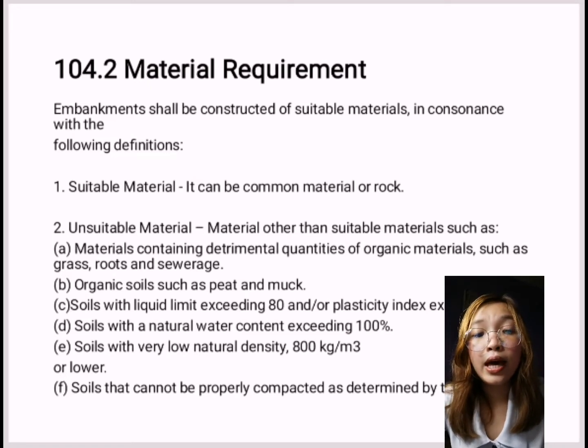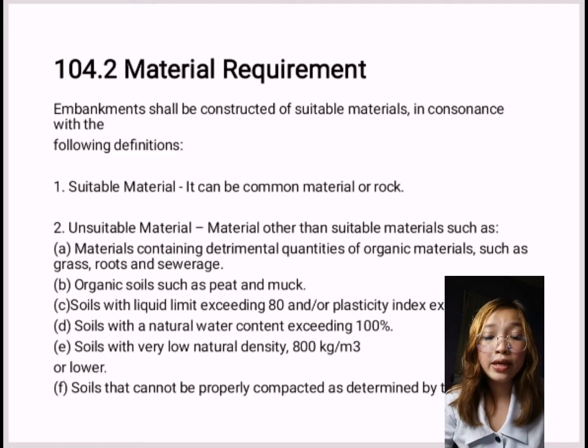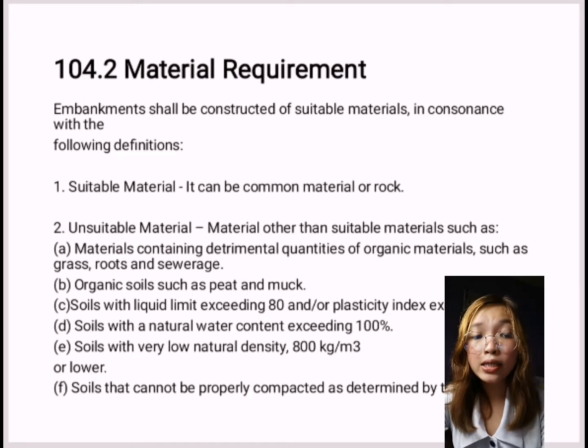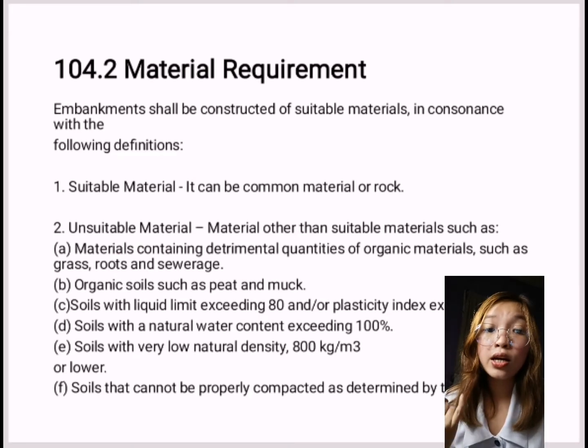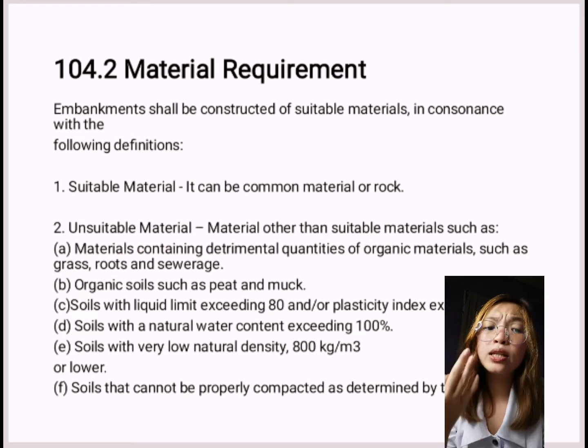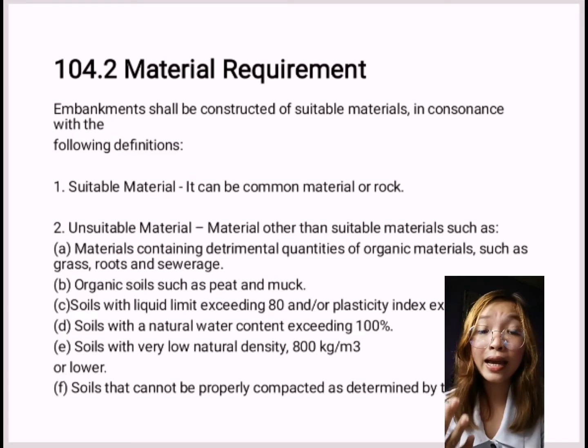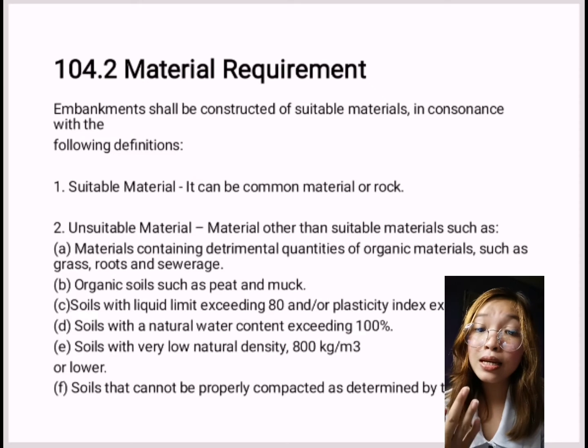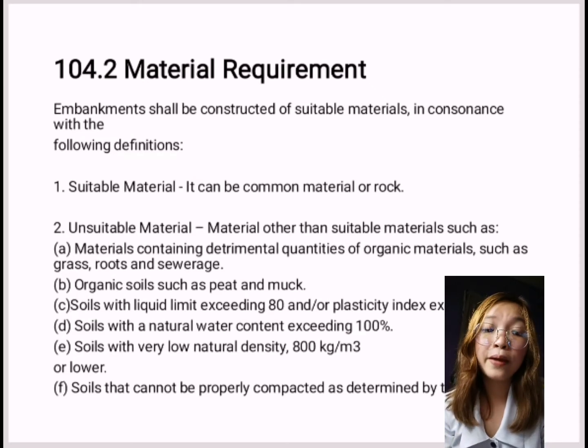And next is the unsuitable material. So this is material other than suitable material, such as material containing detrimental quantities of organic materials such as grass, roots, and sewage. Next is the organic soil such as peat and muck. Soils with liquid limit exceeding 80 or plasticity index exceeding 55.